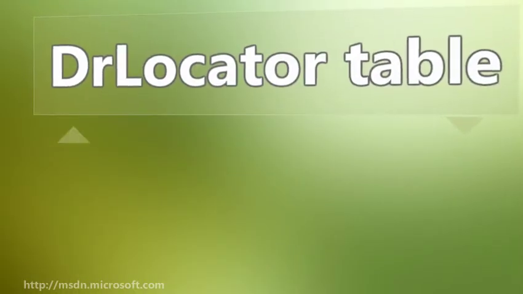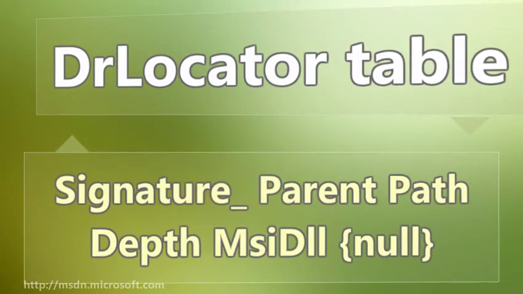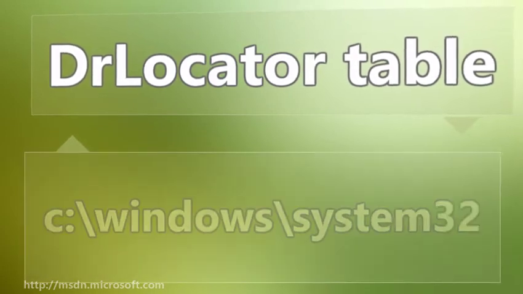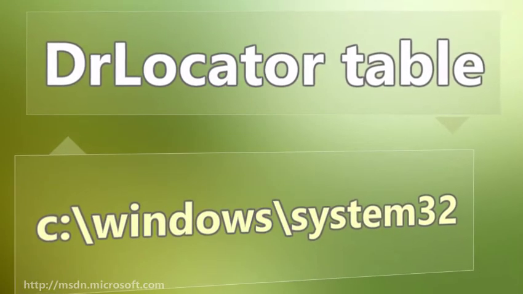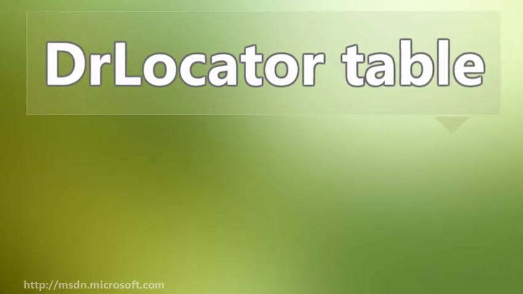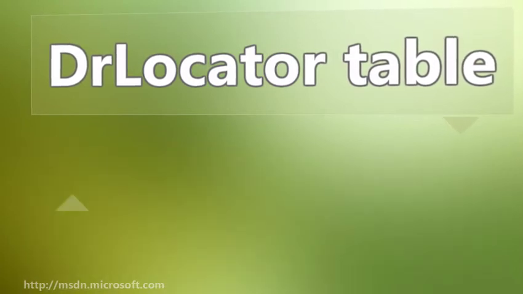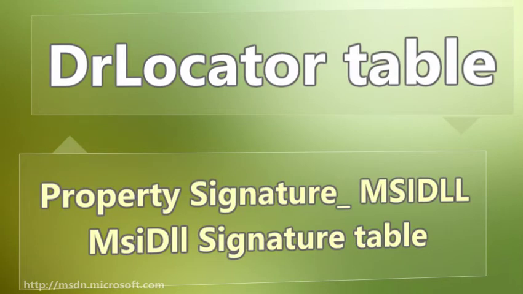DrLocator table: Signature MSIDLL, Parent null, Path C:\Windows\System32, Depth null. AppSearch table: Property MSIDLL, Signature MSIDLL.